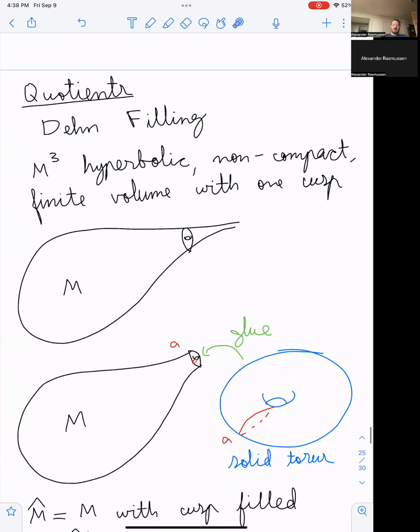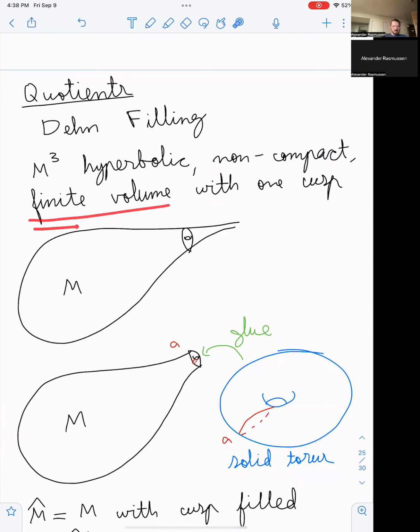What about quotients of mapping class groups? So here again, you can say a lot, and I'm going to introduce this by way of a geometric analogy with hyperbolic manifolds. Thurston, quite a while ago, was studying finite volume, non-compact hyperbolic three-manifolds.